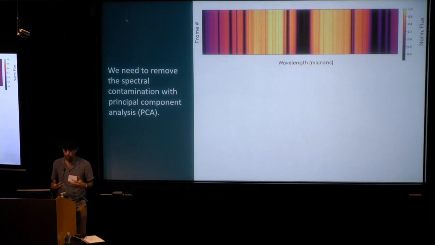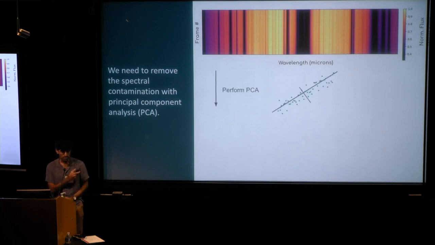And if we want to get rid of all of these very, very strong spectral features that aren't from the planet itself, to reframe the question, we want to get rid of these high-variance-with-respect-to-wavelength components. Luckily, there's a whole set of algorithms related to principal component analysis, PCA, that can help us with this problem.